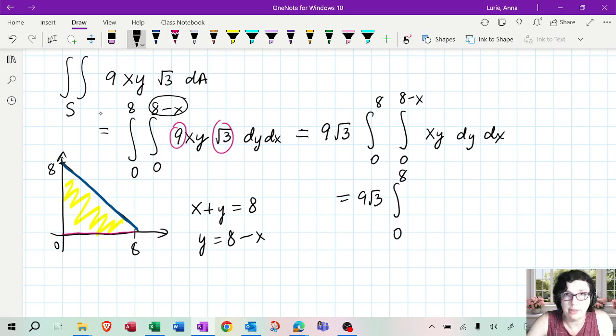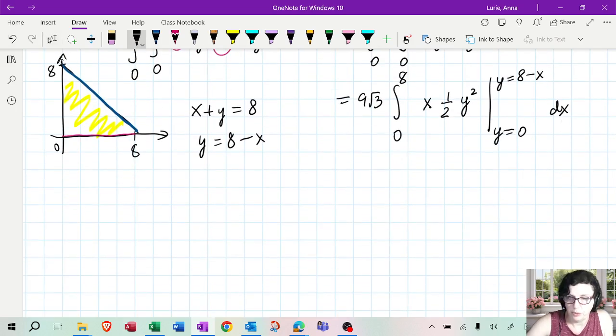So x is like a number, a constant multiple that you keep. So that's going to be x. And then y is y to the power 1. So remember, we add 1, so we get y squared. And we also divide by the same thing, but I like to put 1/2. Okay, now we draw a vertical line, and we're going to say, okay, y equals 0 to y equals 8 minus x. And then this is dx. Okay, so far so good.